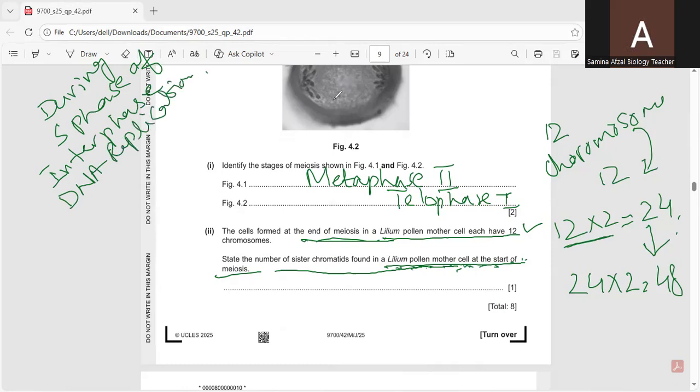As a result of this replication, the 2n number replicates to form two identical sister chromatids.